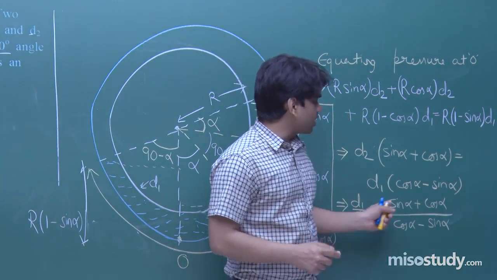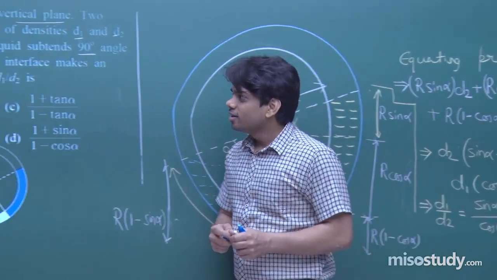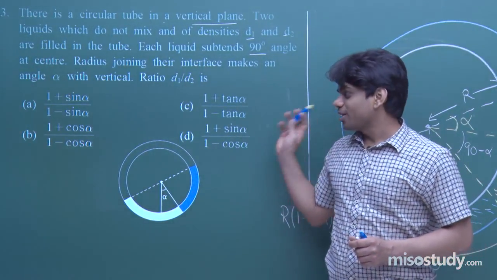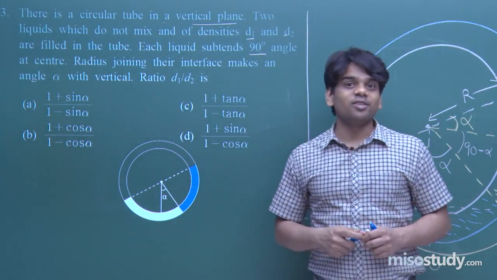Let's check with the options: (sin α + cos α)/(cos α − sin α). There is no such option, but we have an option for tan α, and everywhere else we have sin α and cos α form.